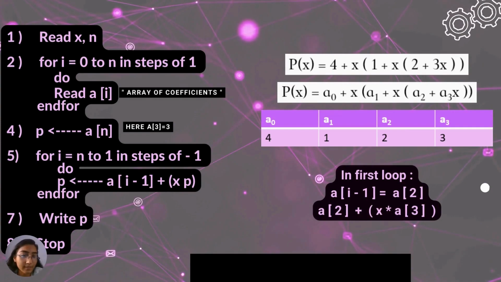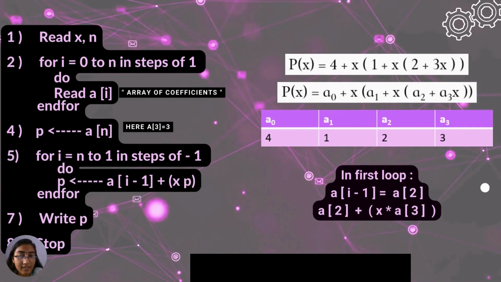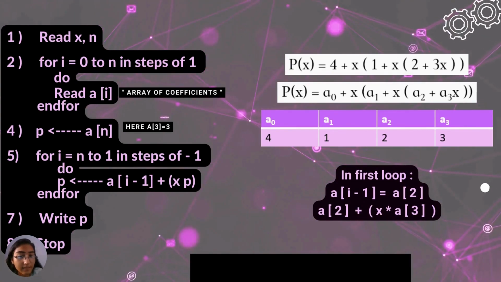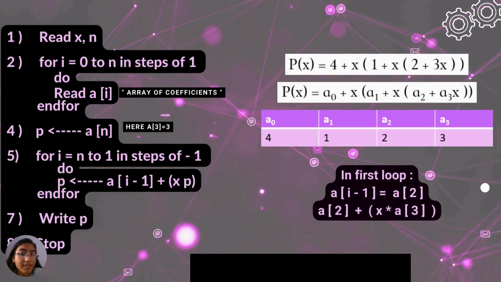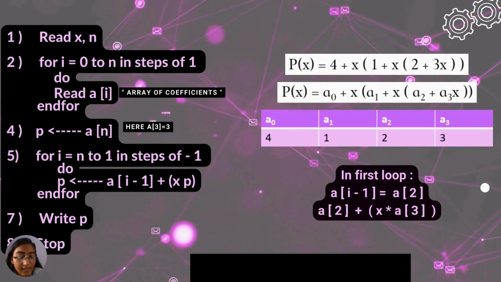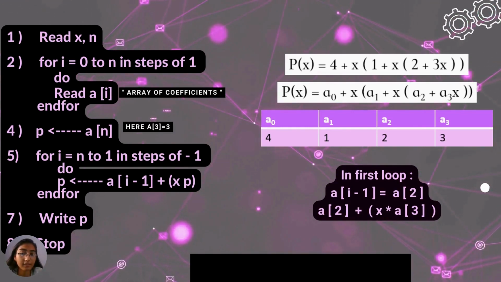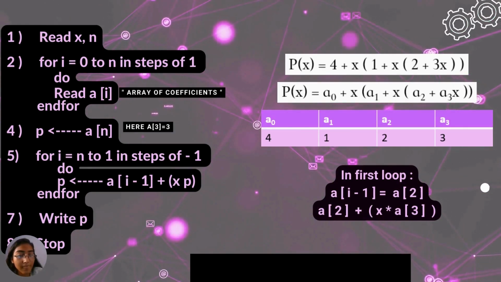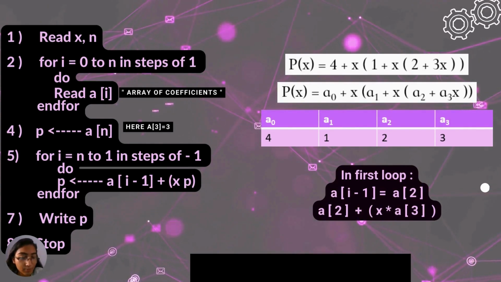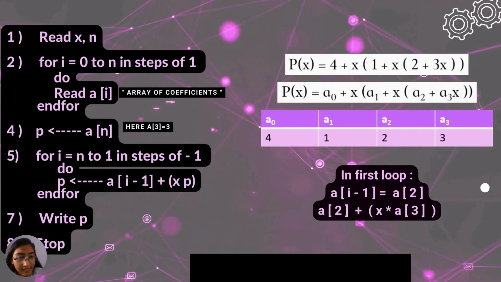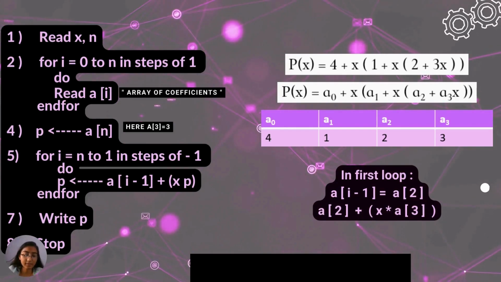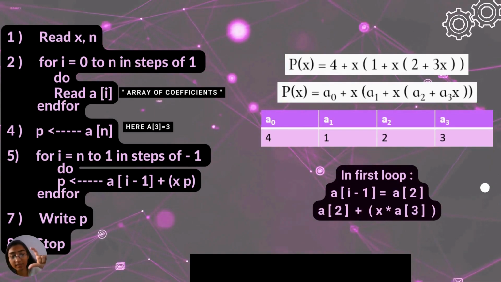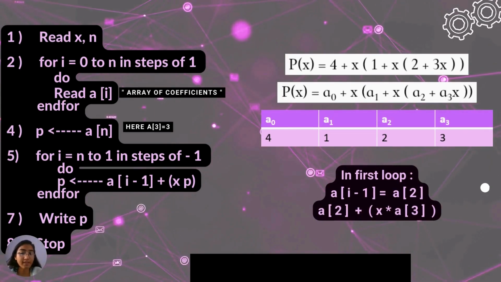Then we will have the evaluating term. In p we will add the last coefficient an. Suppose the degree is 3, then we will take a3, the last coefficient. Then we will create the next loop, for i equal to n down to 1, a reverse loop from the last term to 1 with a step of -1.